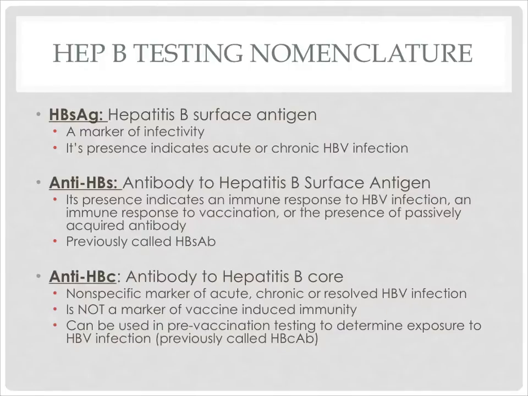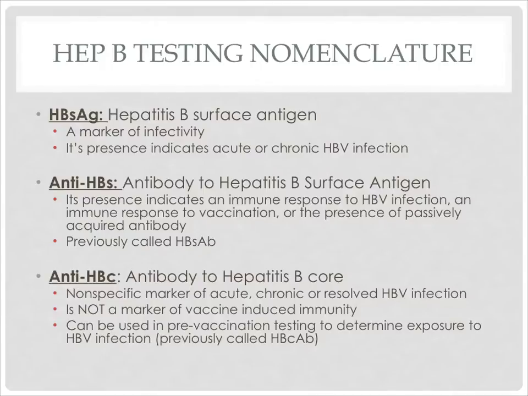The first bullet point here is the hepatitis B surface antigen. This is just a marker of infectivity, and it indicates the presence of either an acute or a chronic hepatitis B infection.